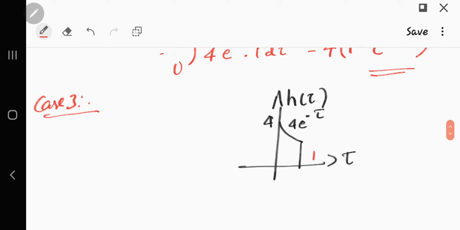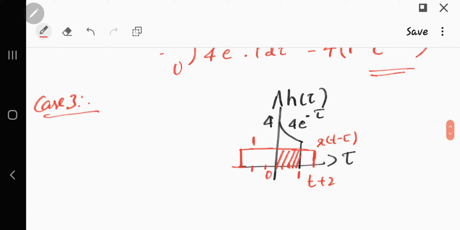Now I am moving this here. This is my t plus 2. So it is 4 divisions: 1, 2, 3, 4. So 0, 1, and here the signal is x of t minus tau with amplitude 1.